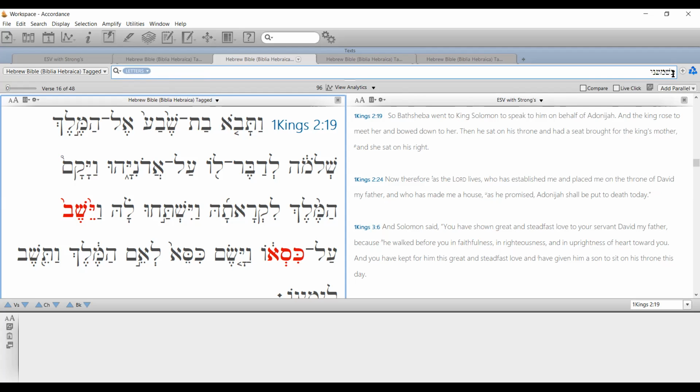So it is infinitive construct with the pronominal suffix. And of course, in this case, it doesn't give me the option to choose, because it could be any letters together.